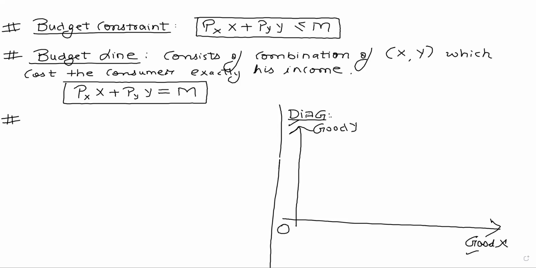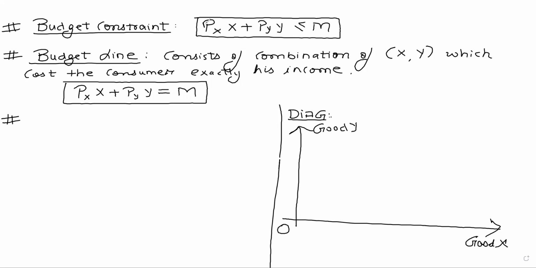But in my lectures, I will prefer to take good X on the horizontal axis, good Y on the vertical axis. But the book MANQ, which we are following for this course, takes good X on the vertical and good Y on the horizontal axis.